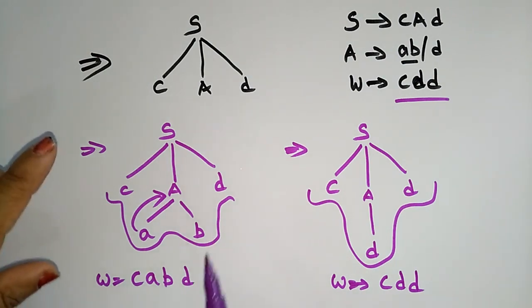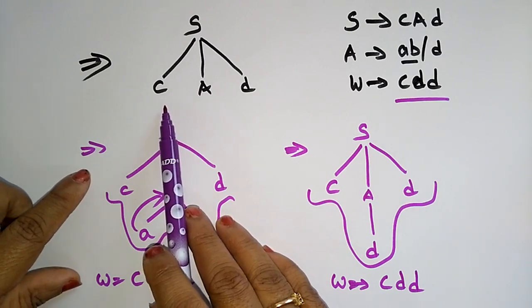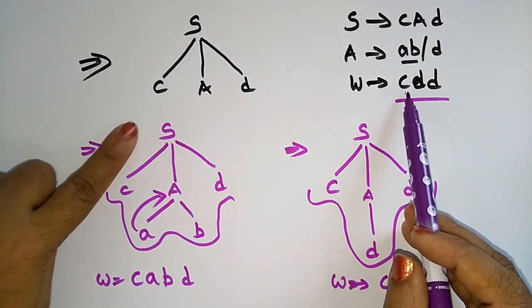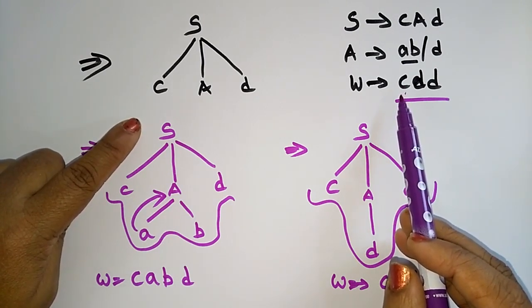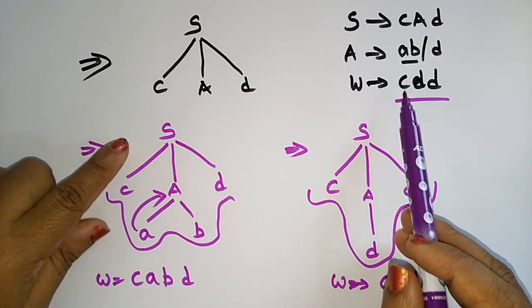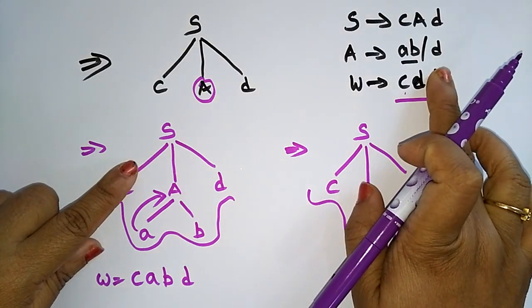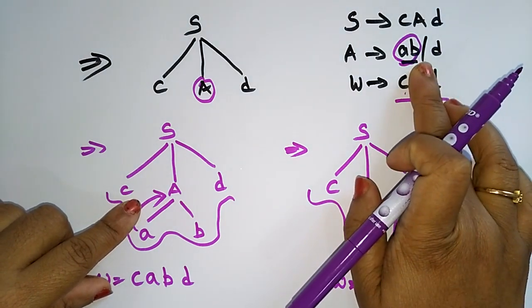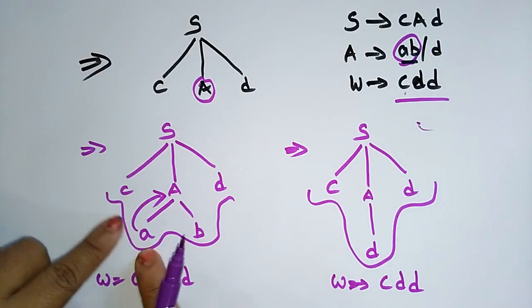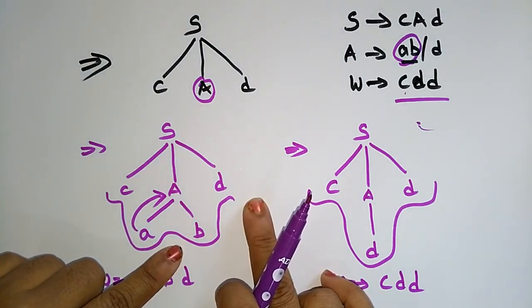Here the root node contains the start symbol S. The body begins with c, which matches the first symbol of the input string. Next is a non-terminal which has two productions. Here A has two productions: one is ab and another is d. First you take the first production, ab, which results in cabd.